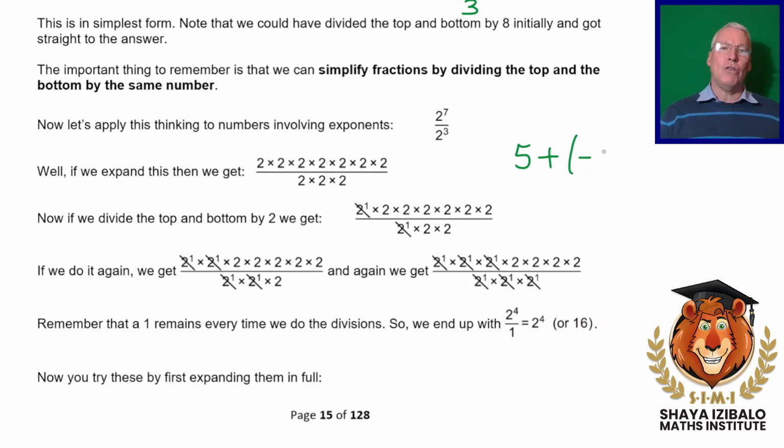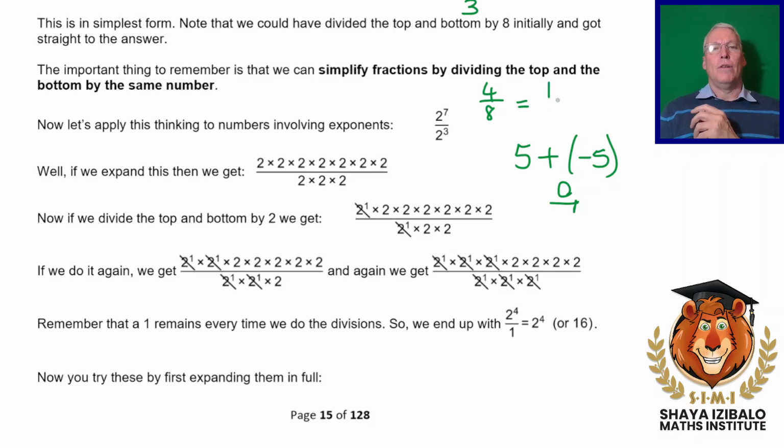If you've got 5 and you add negative 5, they cancel each other out and you're left with 0. But if you've got, say, 4 divided by 8, and you divide the top by 4 and the bottom by 4, you don't get 0. You get numbers left. So we rather say divide by than cancel.